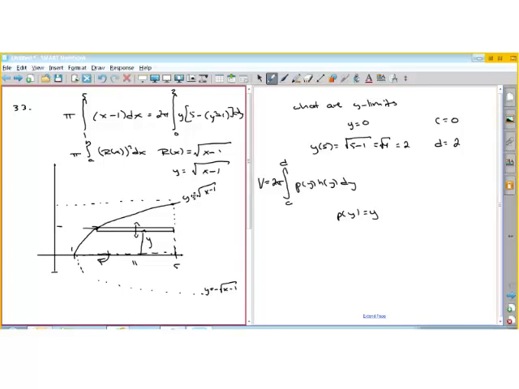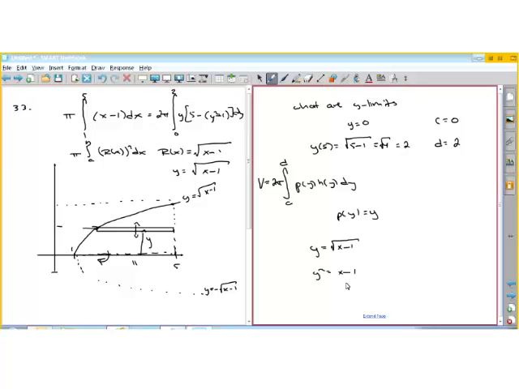Here the original equation was y as a function of x, so we need to rewrite this equation as x as a function of y. So what do we do? We square both sides, and we add 1 to both sides. And so our equivalent expression is x is equal to y squared plus 1.